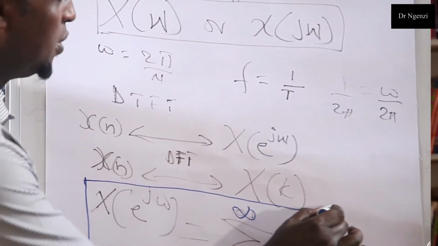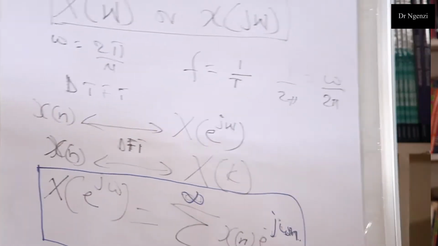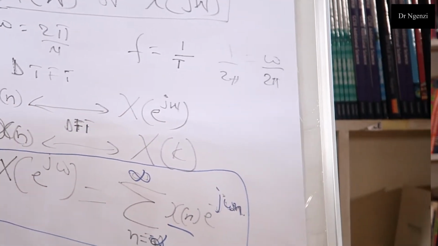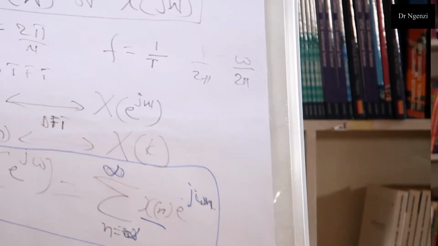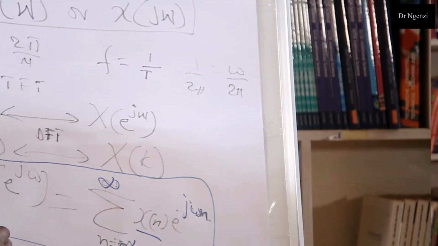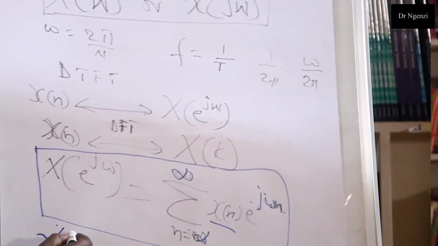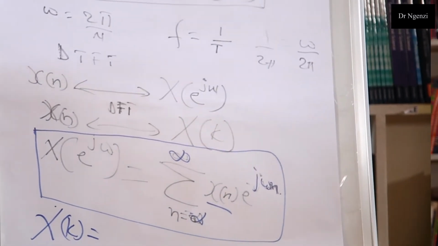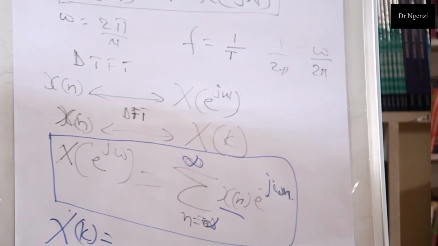So this is a DFT. So one is DTFT, but another one is also DFT, to obtain their corresponding values. I hope these relationships are handy.